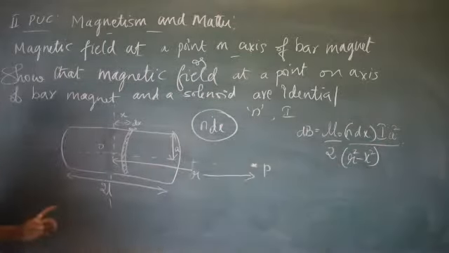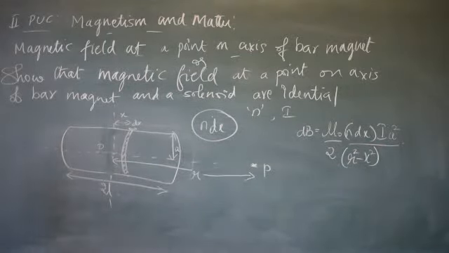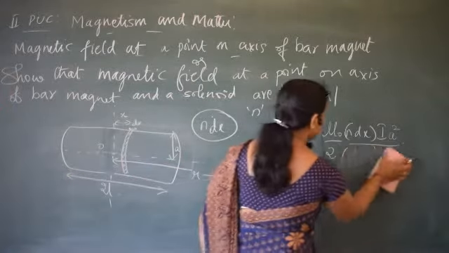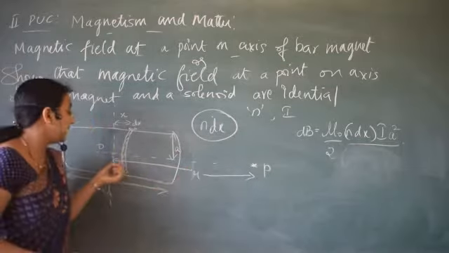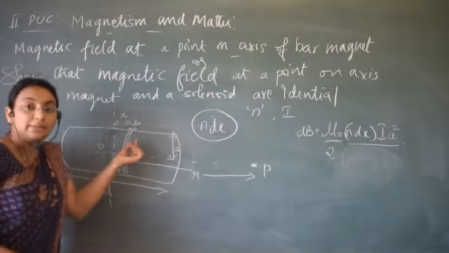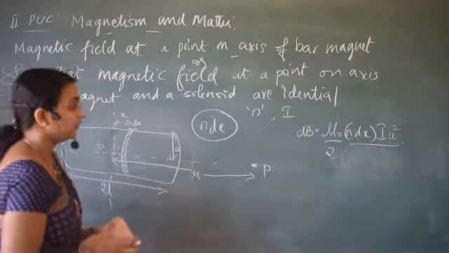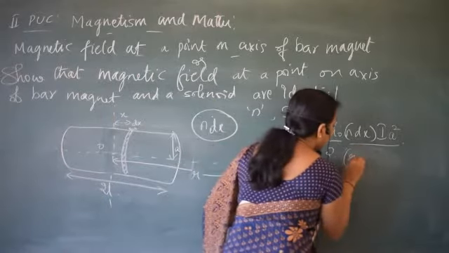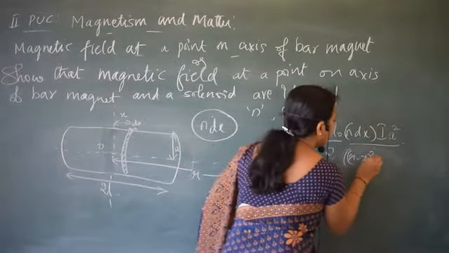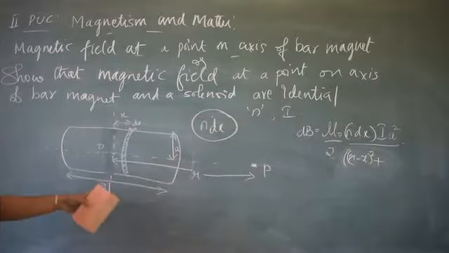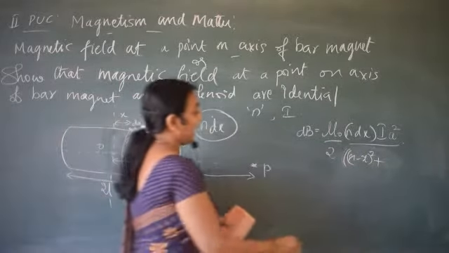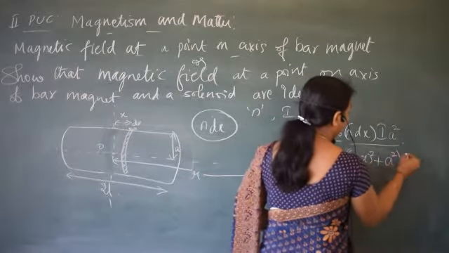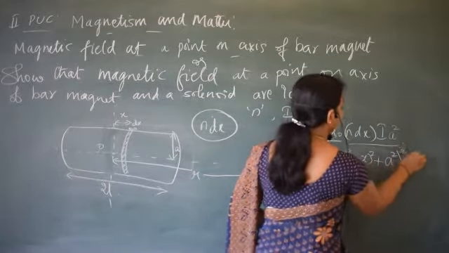Actually the original formula has r square, but here what is the distance? This is the distance, so r minus x for one element. So (r minus x) square plus a square to the power 3 by 2.